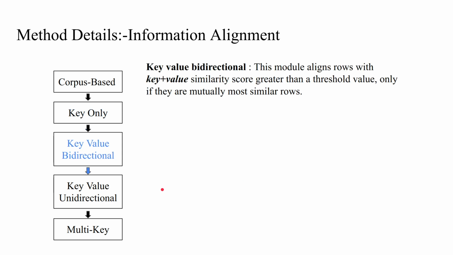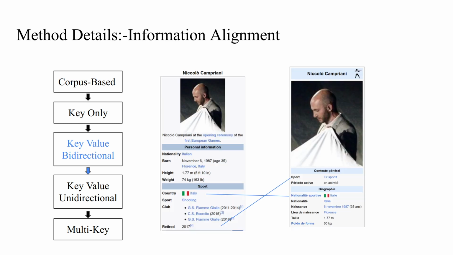Then we move on to value-based alignments as well. Now we look at both the key and values, and such that if the similarity is above a threshold, the rows are aligned given that they are mutually most similar as previously already discussed. So the country and the retired age is now aligned as well.